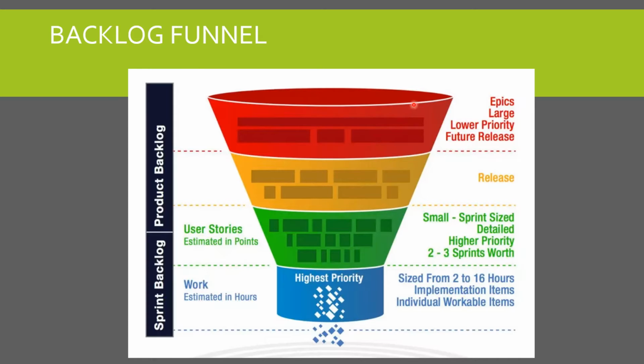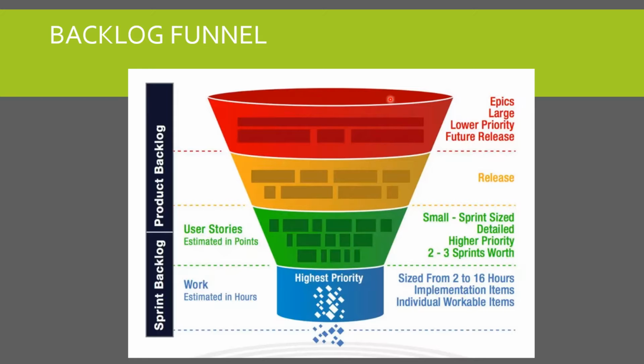You start with the epics, bring them down into features, bring them down into stories, and then make them into tasks. Your product backlog may contain epics, features and stories. Your sprint backlog will contain stories and work items or tasks, whatever we call that. So you need to understand this funnel, right?